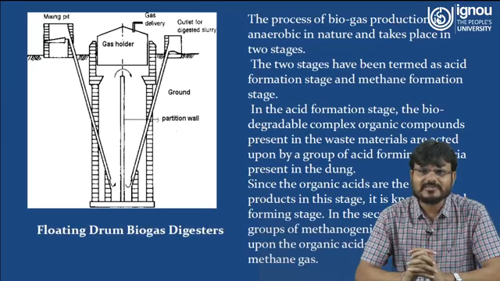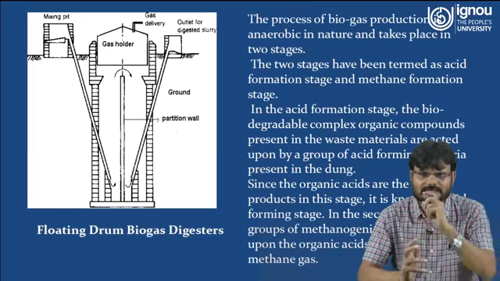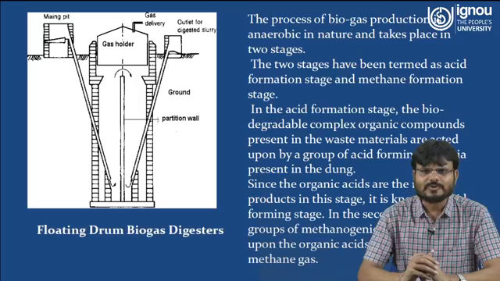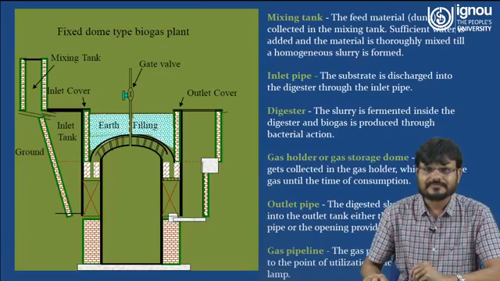In the acid formation stage, the biodegradable complex organic compounds present in the waste material are acted upon by a group of acid forming bacteria present in the dung. Since organic acids are the main product in this stage, it is known as the acid forming stage. In the second stage, a group of methanogenic bacteria act upon the organic acids to produce methane gas.